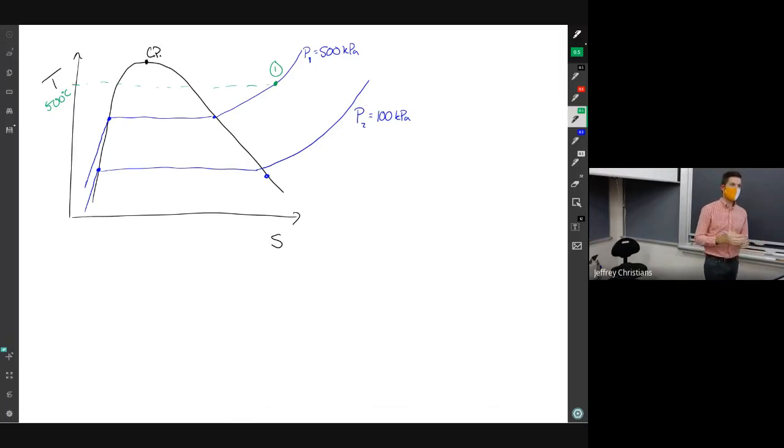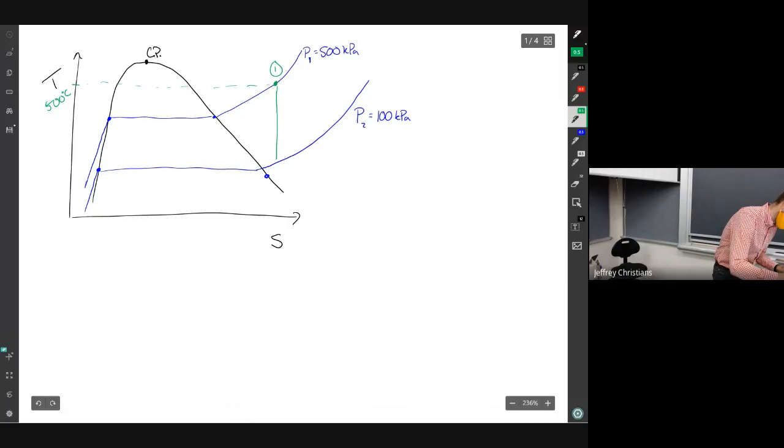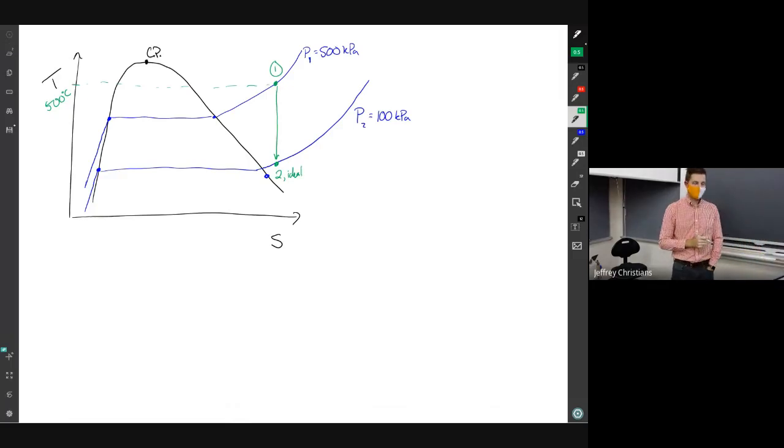It's going to be delta S equals 0, so it's a vertical line because S is not changing. We'll call this state 2 ideal. It's exactly vertical because delta S is not changing.